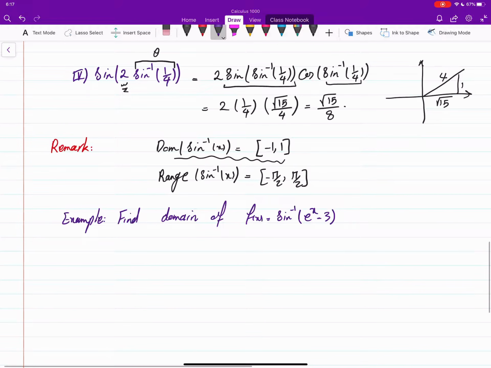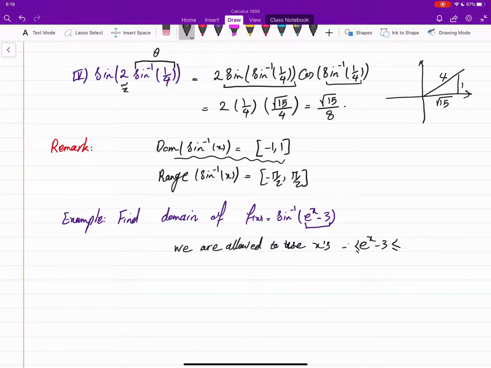Well, what we know is that sine inverse only accepts numbers which are between -1 and 1. So that means that we are allowed to use x's such that e to the power x minus 3 is between -1 and 1.